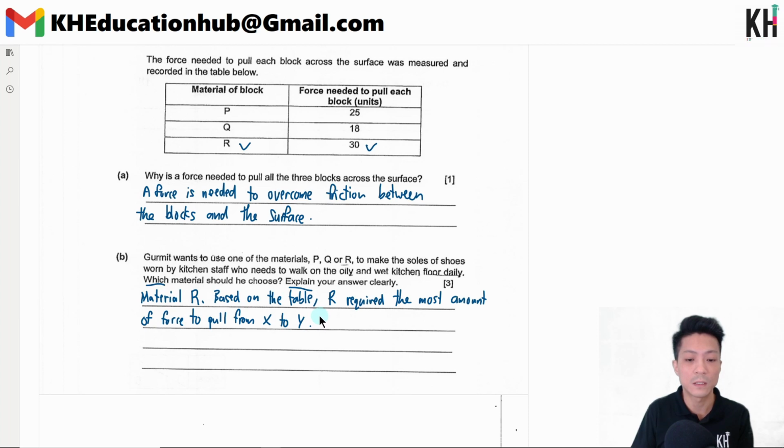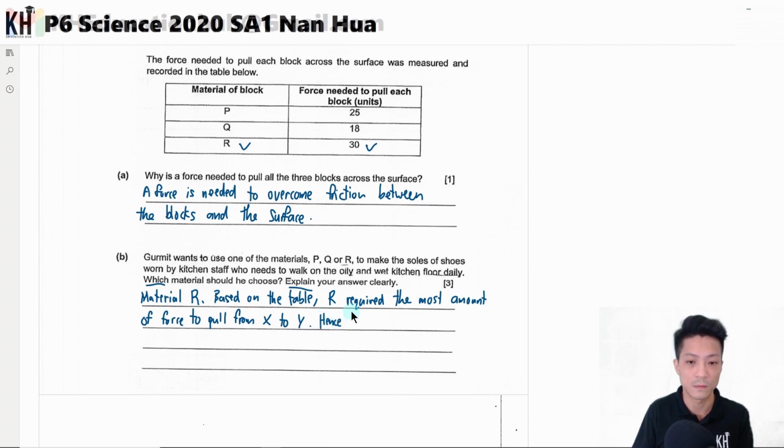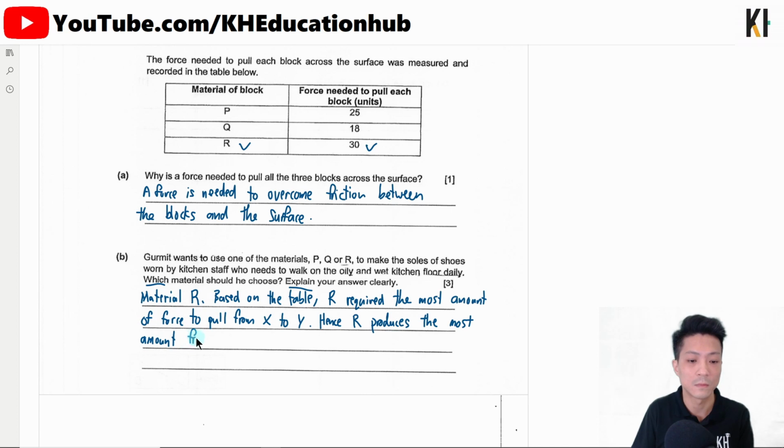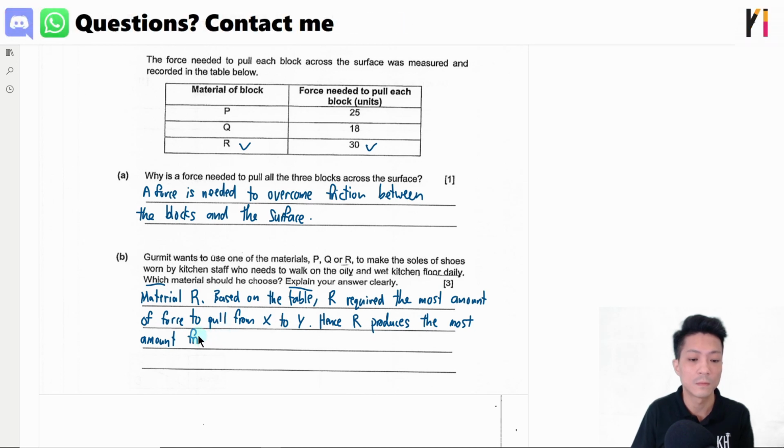So this shows that hence R produces the most amount of friction.